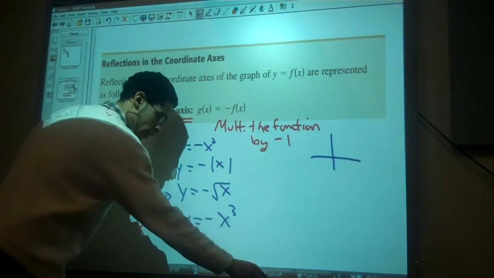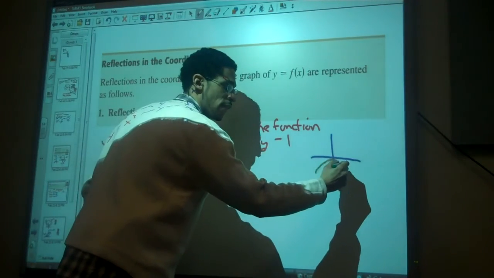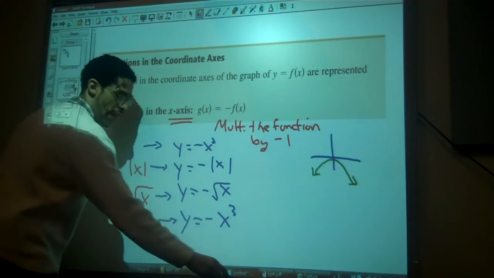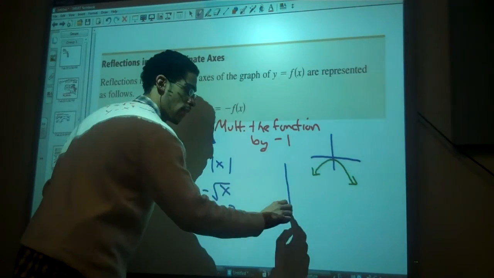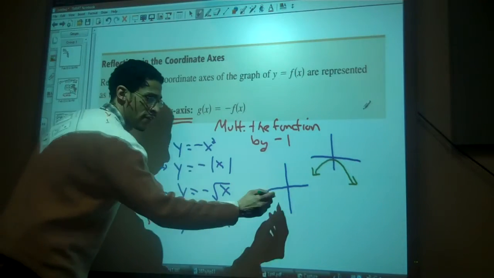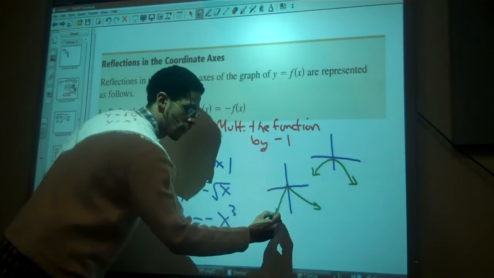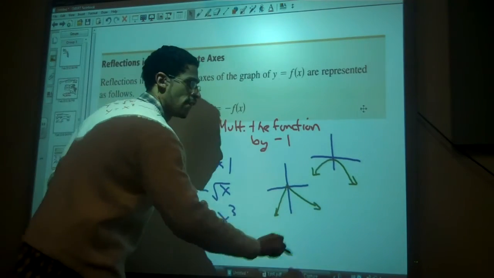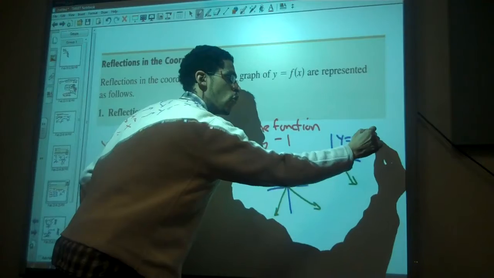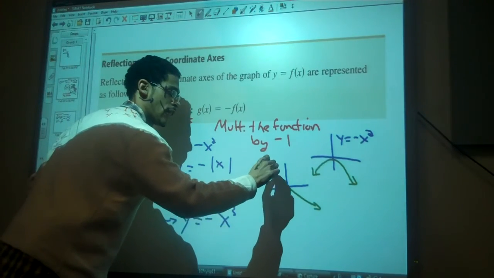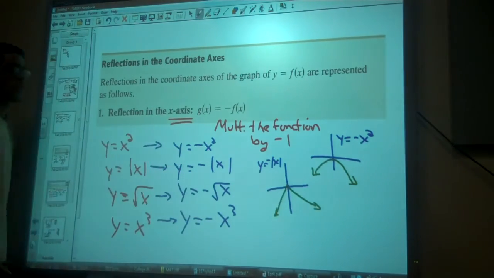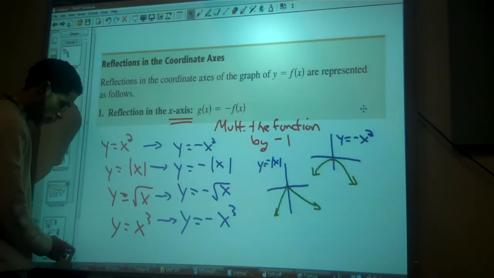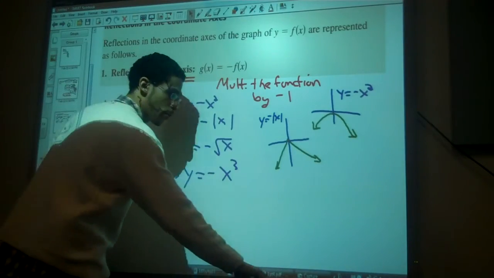Y equals x squared flipped over the x-axis looks like that. Y equals absolute value of x flipped over the x-axis looks like that. Y equals negative the square root of x is a flip over the x-axis on the square root of x.